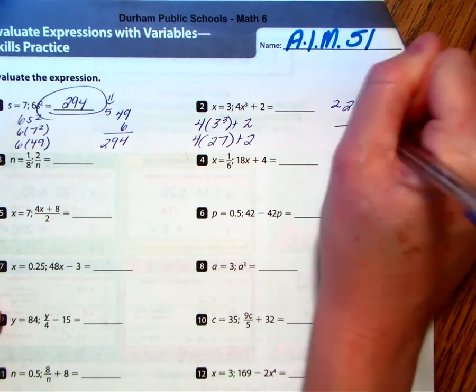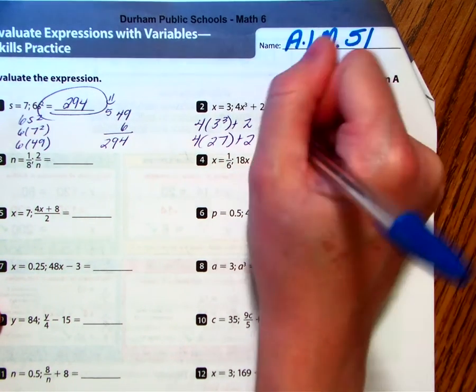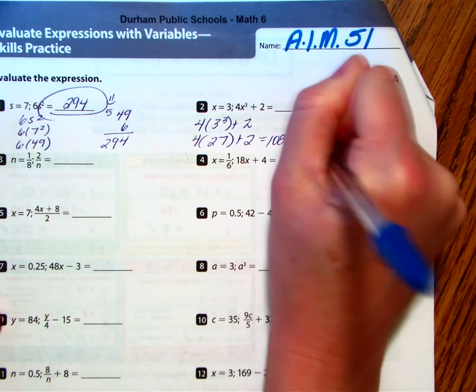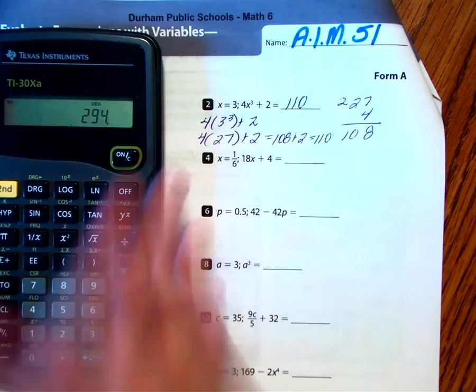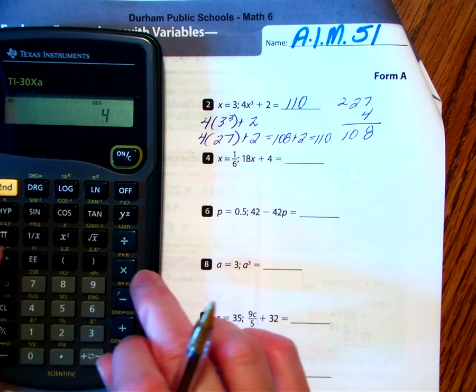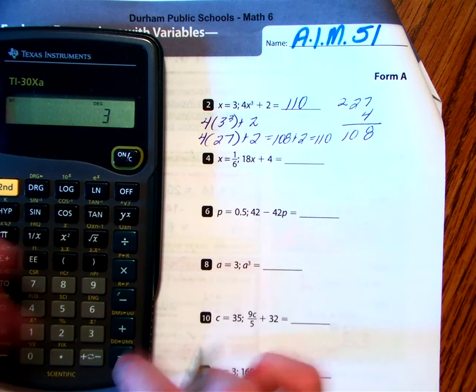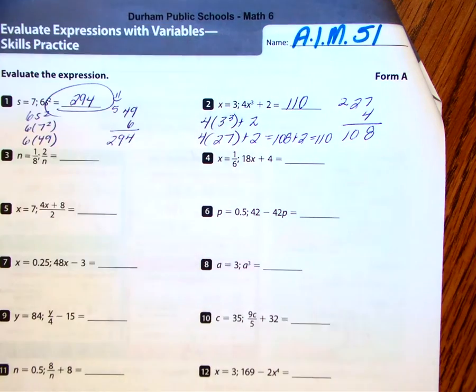Carry your 2. 4 times 2 is 8, plus 2 is 10. So now you've got 108 plus 2, which equals 110. Checking that, 4 times 3 cubed plus 2 equals 110. Excellent.